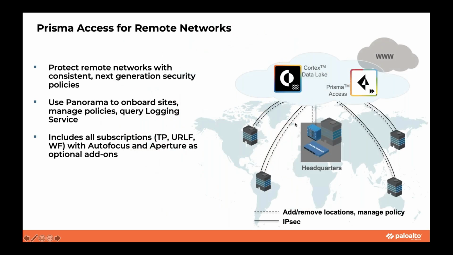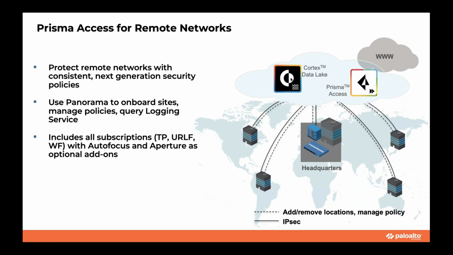Okay, so we have our branch offices connecting to Prisma Access. The security policy and also the provisioning of these locations in Prisma Access is orchestrated from Panorama. So Panorama is a key component of Prisma Access. Okay, and logging is sent to the Cortex data lake, and Panorama can access the logs from Cortex data lake.